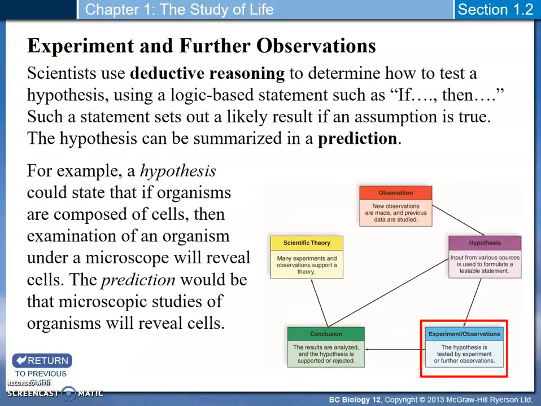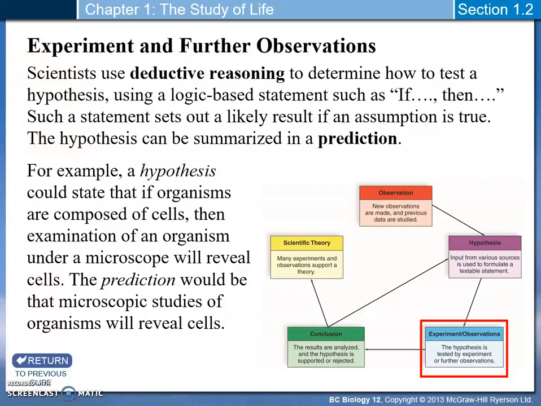So in order to test a hypothesis, then we devise experiments for further observation. So scientists then use deductive reasoning to determine how to test a hypothesis using a logic-based statement such as, if we do such and such, then we would expect such and such to occur.